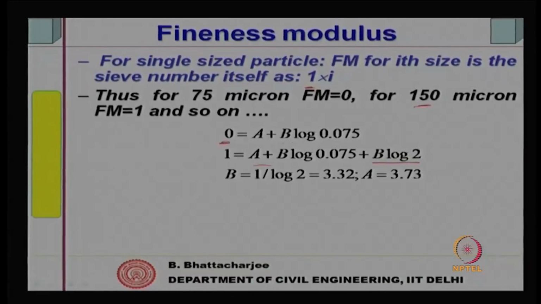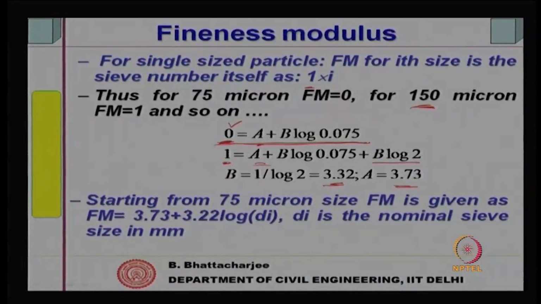Therefore, I can derive an expression for the fineness modulus for a single particle size. For 75 micron size, the fineness modulus is 0. For 150 micron sieve, for all particles belonging to 150 micron, the fineness modulus is 1. And from this, I can derive A and B. B comes out to be 3.32 and A comes out to be 3.73.